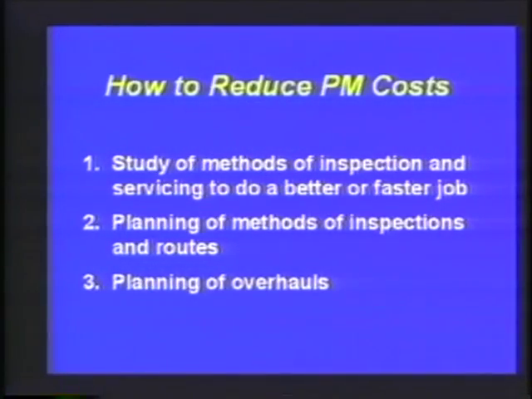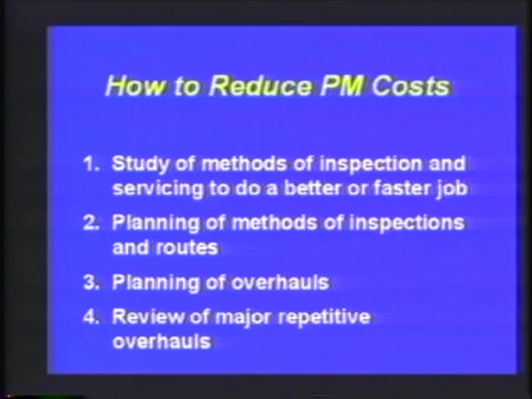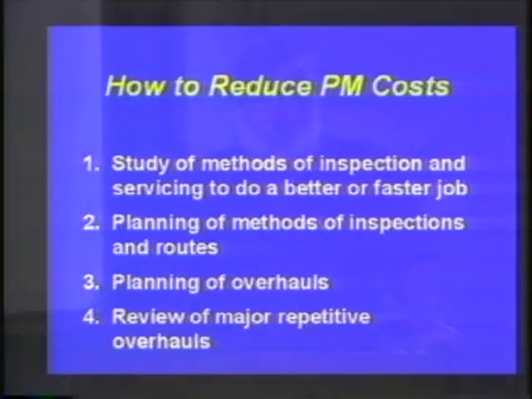Other cost reduction opportunities are to do a better job of planning overhauls, both major and minor. Where you have repetitive overhauls, like a minor every 6 months, as you do the overhaul and replace parts, it may be a good idea to send those parts out for wear analysis and other types of analysis that may provide you with some input.